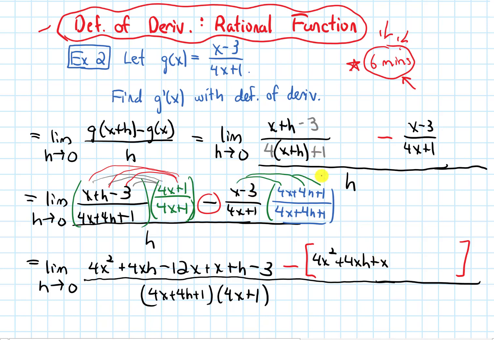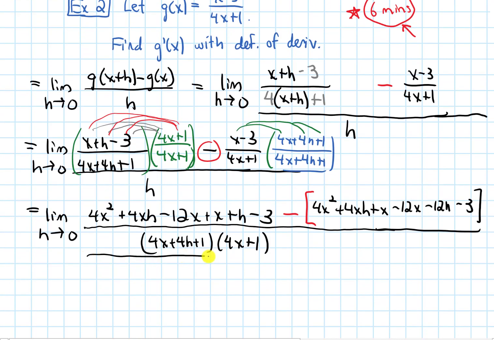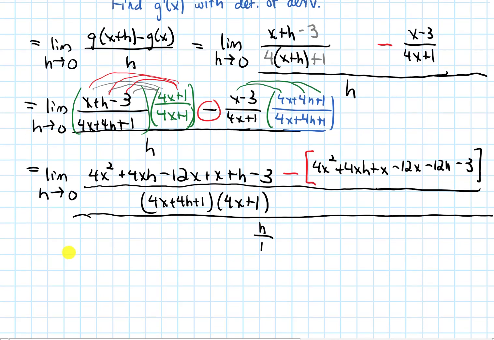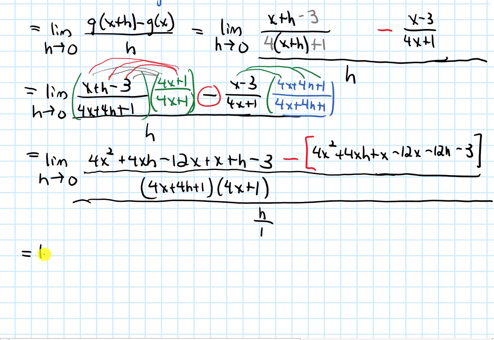And now I'll distribute the minus 3 to get minus 12x minus 12h, and then minus 3. Let's close that bracket. And we have this whole thing over that h on the bottom, which I'm going to rewrite as a fraction, h over 1. It's a long expression, but we're getting there.